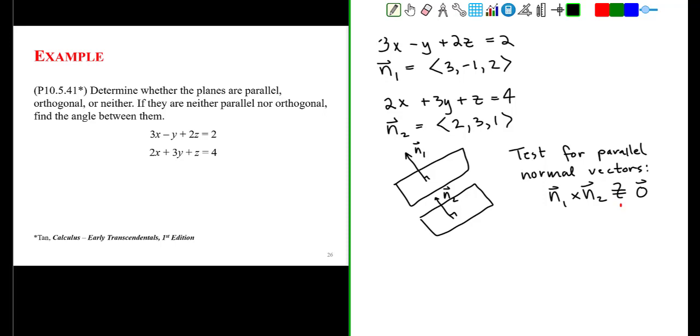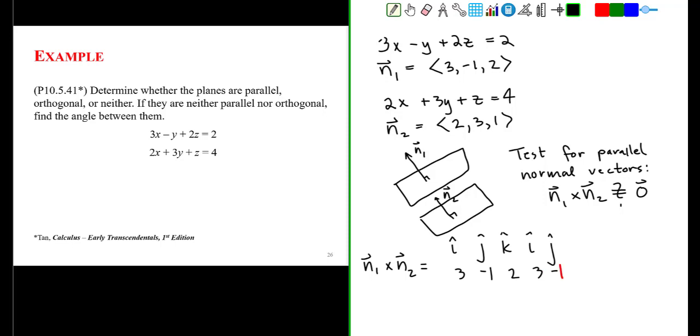Let's construct our cross product. So the cross product between planes 1 and 2 is given by, and I'm going to do it using the 5x3 matrix technique. So we have columns given by their respective components. So for the first normal vector, we have components of 3, minus 1, 2, 3, minus 1.